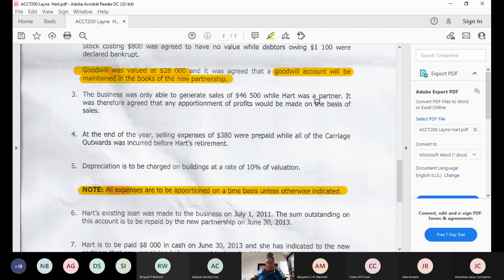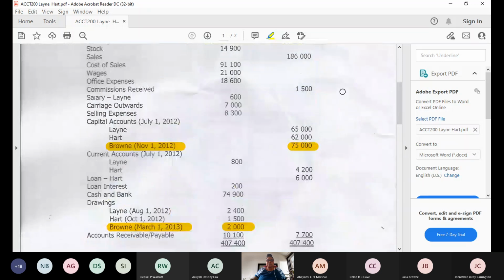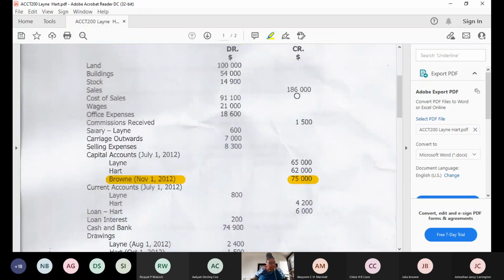Yes. And you have to use that to work out how to split the gross profit, because the total sales for the period were $186,000. But remember that you have to subtract the 91,100 from that to give you your gross profit.